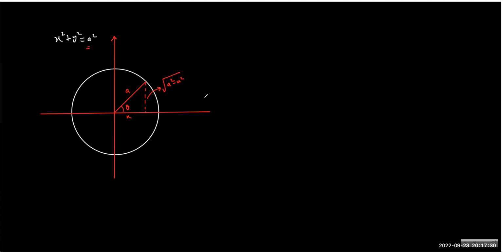Let's try to understand. If someone is writing dx upon the root of a square minus x square, try to understand. So I can rewrite it as 1 by a, dx upon, because a was not there.